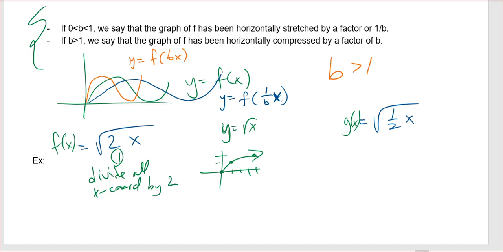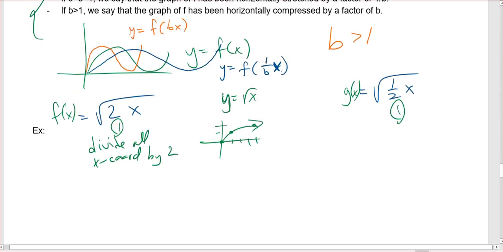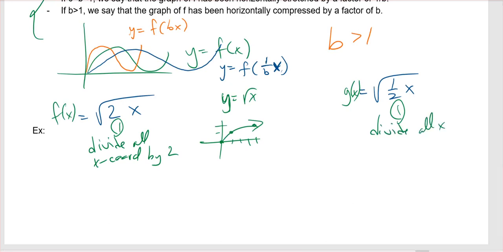So here it's 2. And on this one, we're going to do the same thing: divide all x by 1/2, which is going to end up being a multiplication by 2. That's just the way fractions work: if I divide by a fraction, that means I'm multiplying by its reciprocal. We could probably argue that that's just as ugly as what was already there. So multiply by 2.